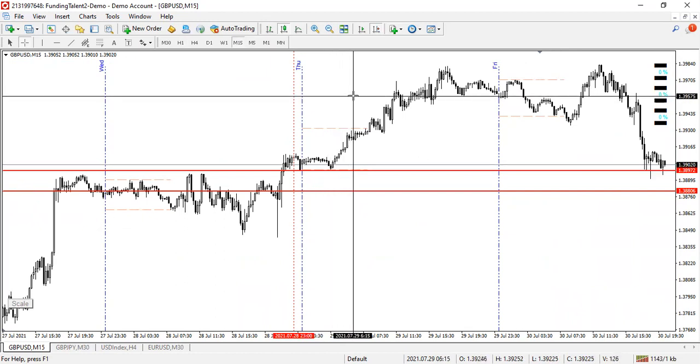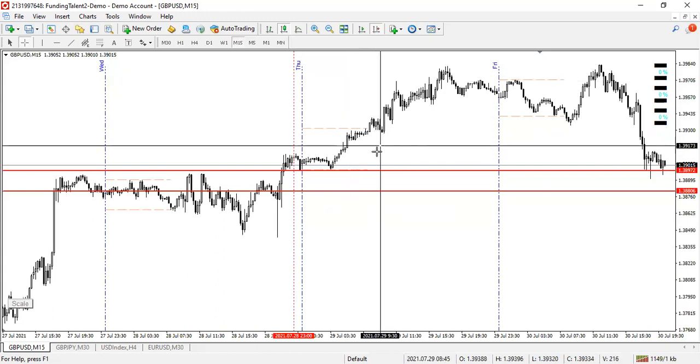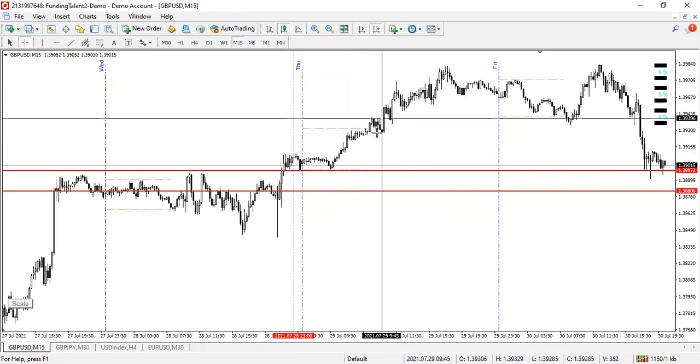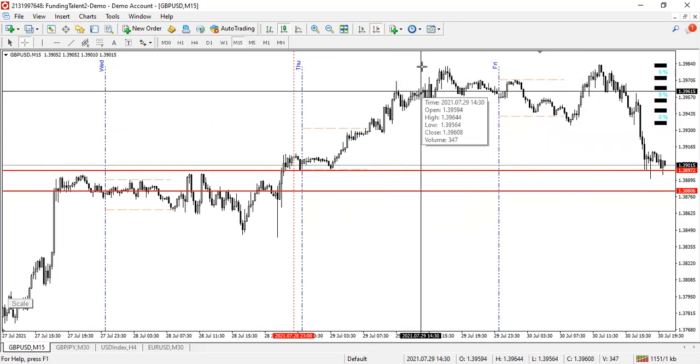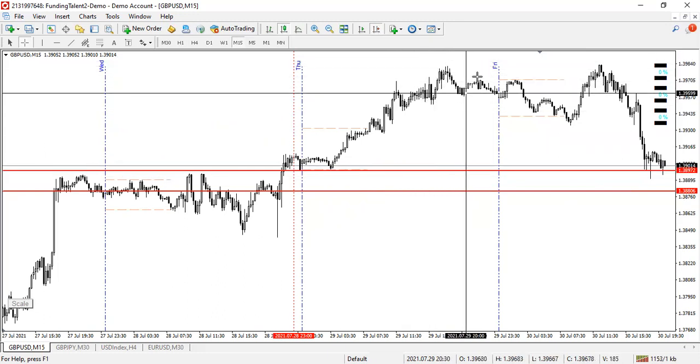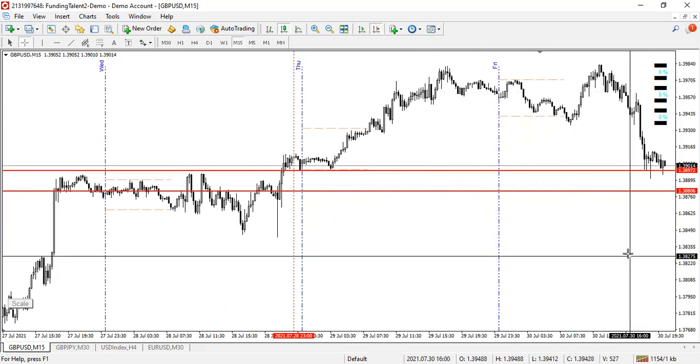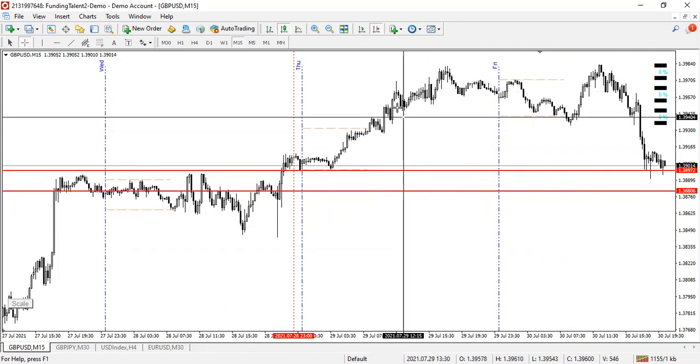Unfortunately, we didn't get an entry. And when you see them not giving you an entry, it's a very strong sign, because in this case they didn't give us a retracement, they just pushed up, they didn't come down. This is an indication that they're starting to hit the highs and then change direction.